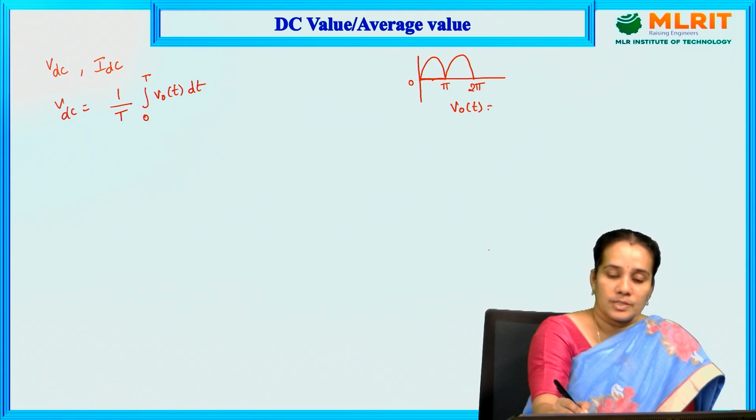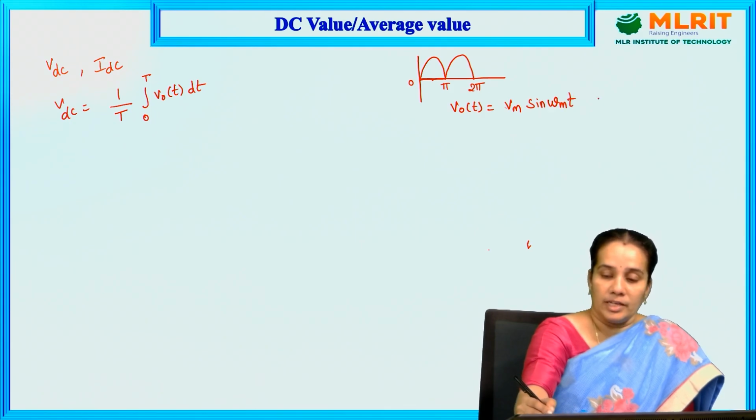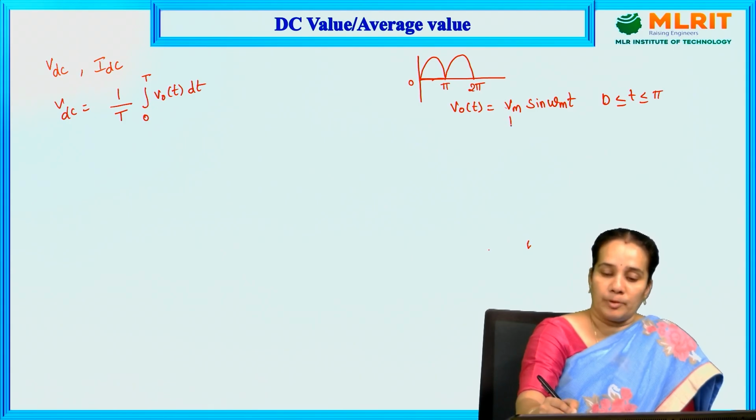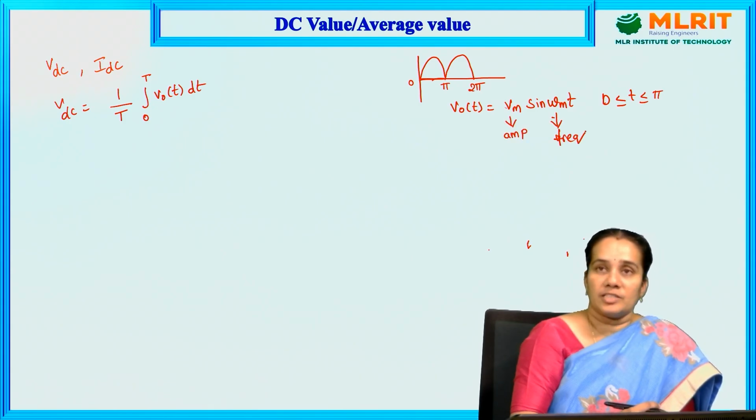V0 of t is equal to Vm sin omega t, where t ranges from 0 to pi. Here the cycle repeats for every 0 to pi radians. Vm is the amplitude and omega is the frequency.